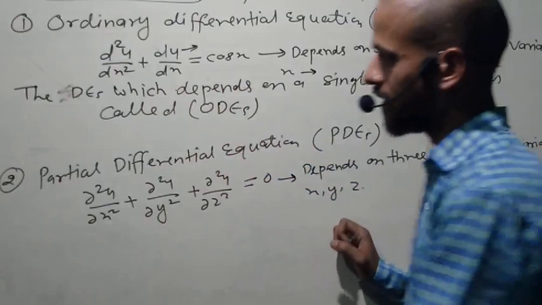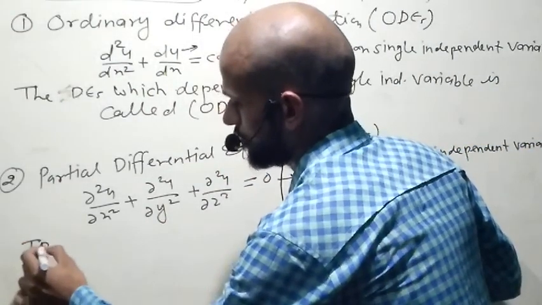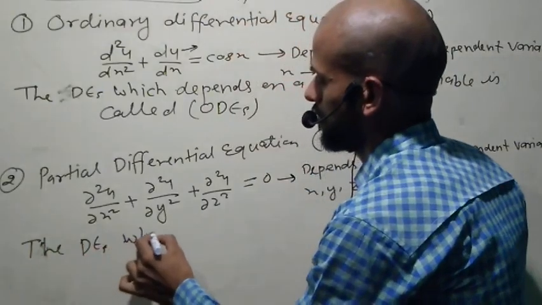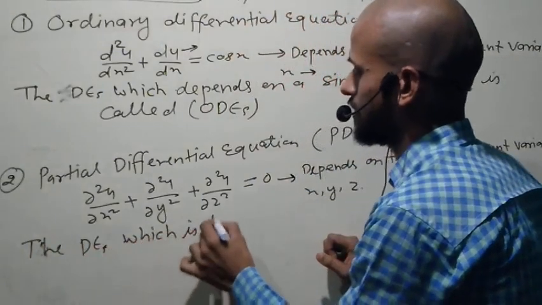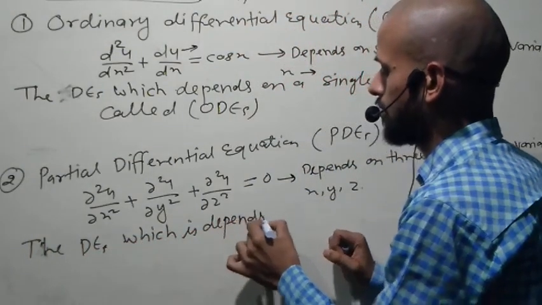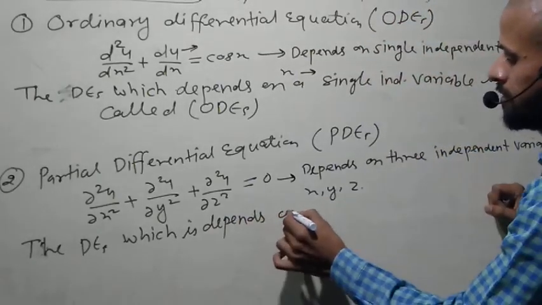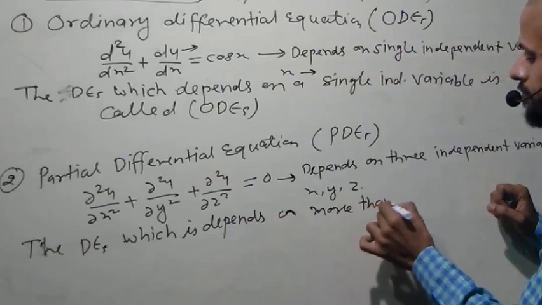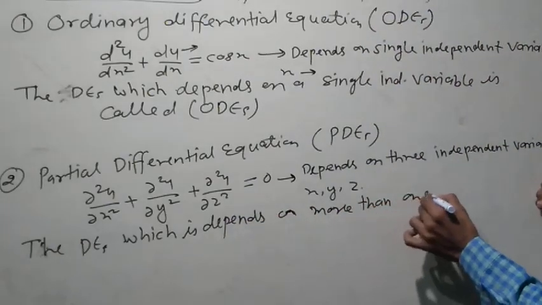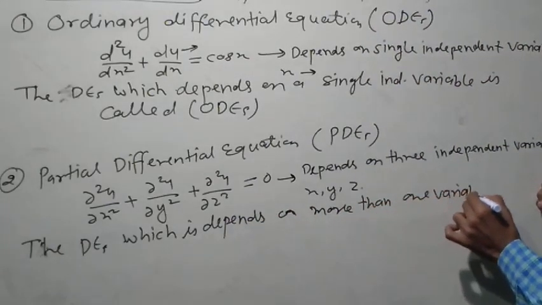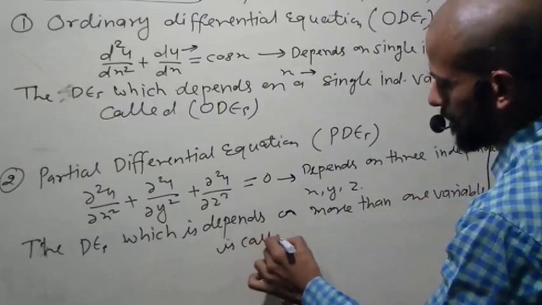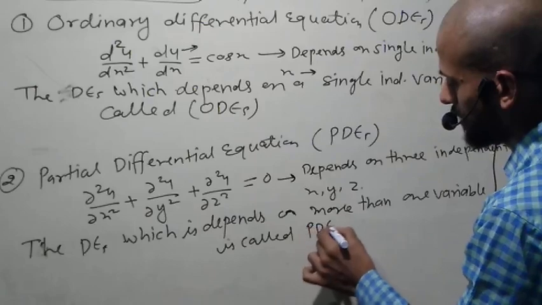So basically, the differential equation which depends on more than one variable is called partial differential equation.